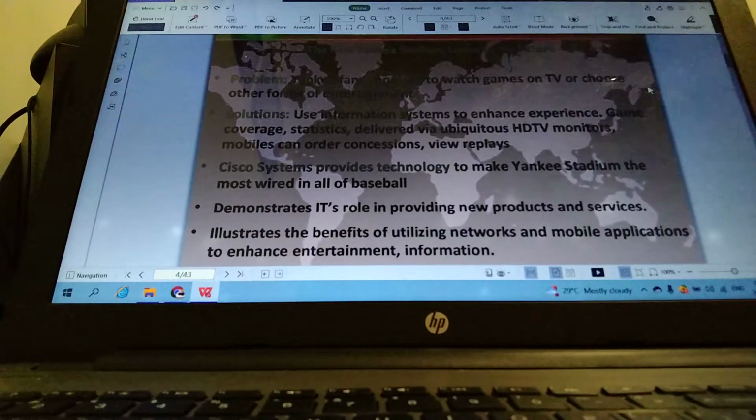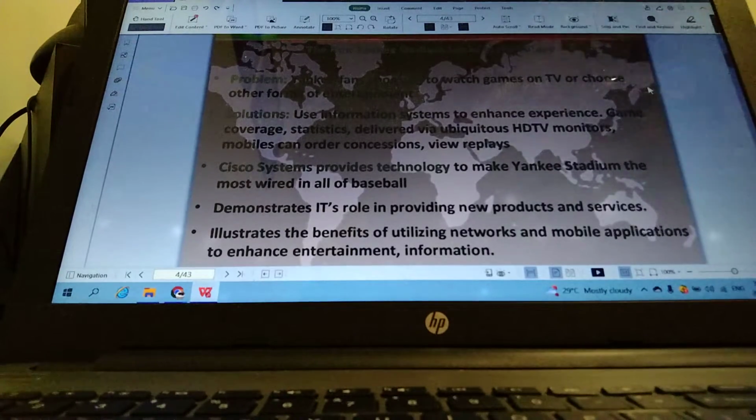This is not possible when you watch the game live, face to face at the stadium, or even over TV, because TV is broadcasting, not two-way. It is delivered via HD TV monitors, mobile and other considerations as well.